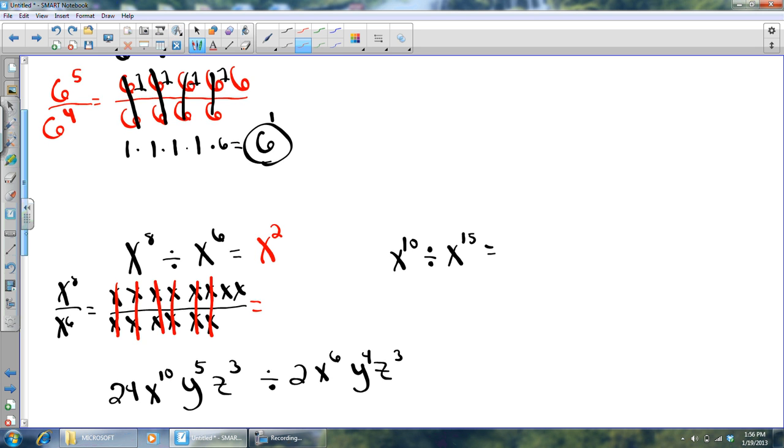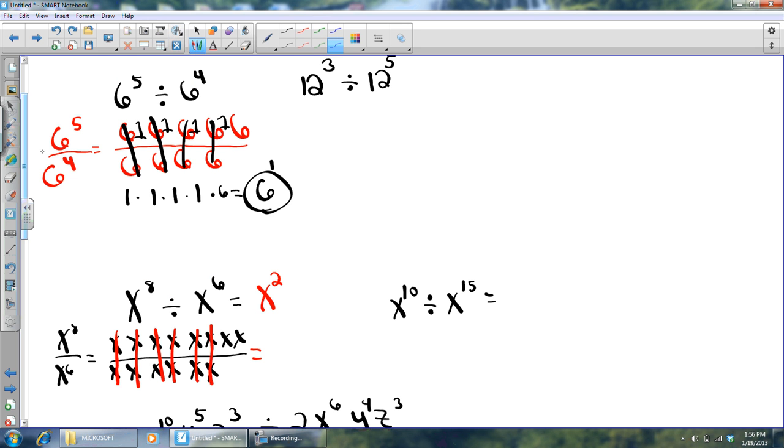Now, check this out here. I had a 5 and a 4, and the bases matched, didn't they? They were both 6. And I end up with 6 to the 1st power, or better yet, just 6. Here I have like bases of x, an 8, a 6, a 2. 8 minus 6 is 2.